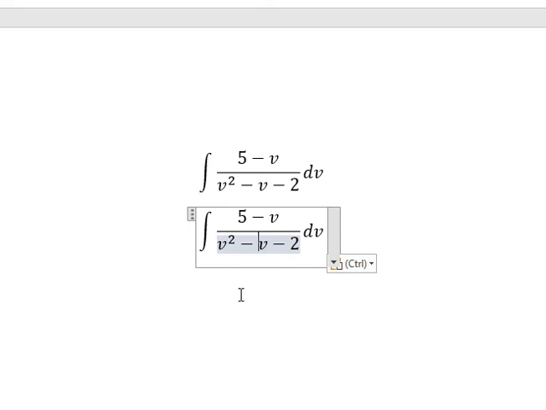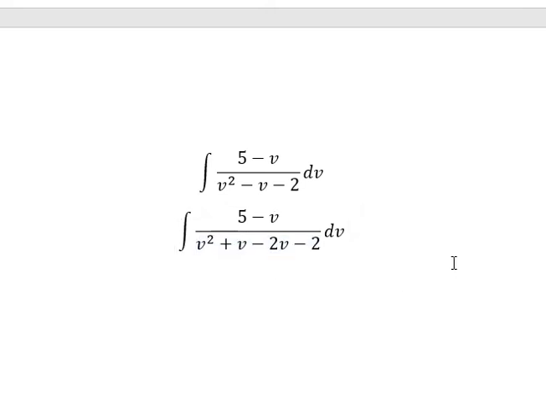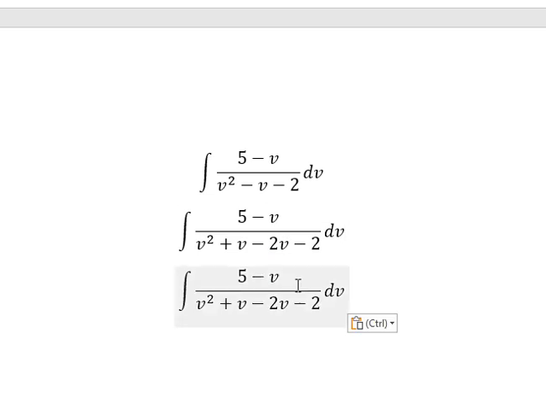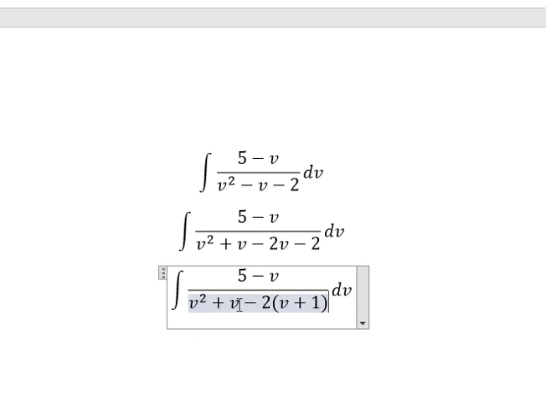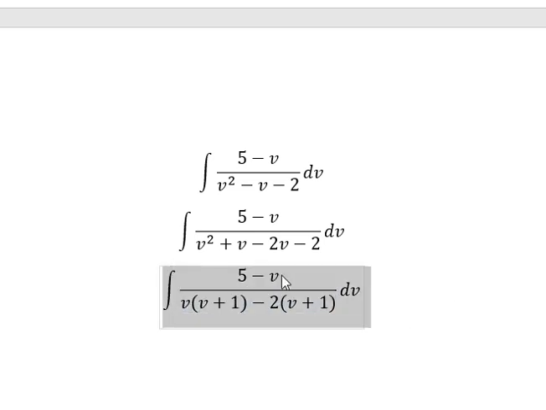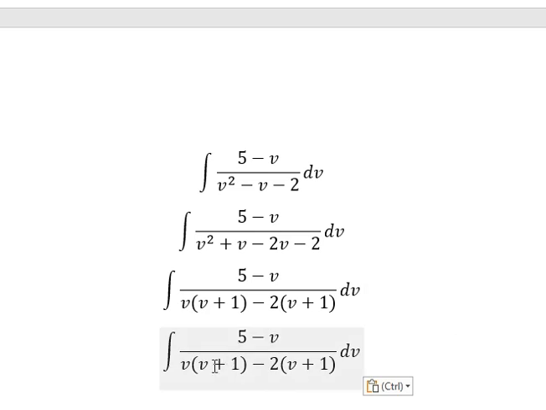So this one I will put negative 2v plus v. We can do factorization by negative number 2, this one by v. So v plus 1, v plus 1, we can do another factorization.